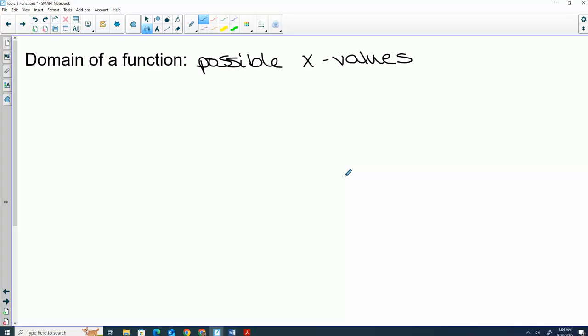So if we're looking at a graph, we just went from left to right and we gave an interval. If you don't have a graph, we had to look at the function itself to identify the domain. So what were the rules that we had to worry about? One issue we saw was when we had fractions. What's true in a fraction?